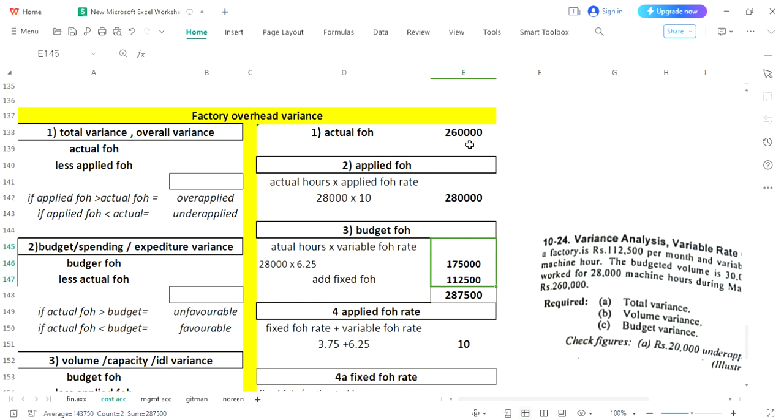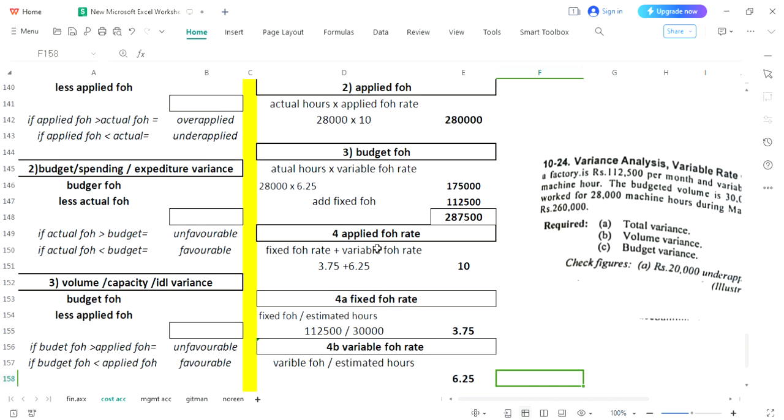Actual FH was present in the question, and applied FH and budget FH were calculated with the help of these formulas. And these formulas were directly or indirectly related to these three rates, 4A, 4B and 4. Now we are ready to calculate our variances.